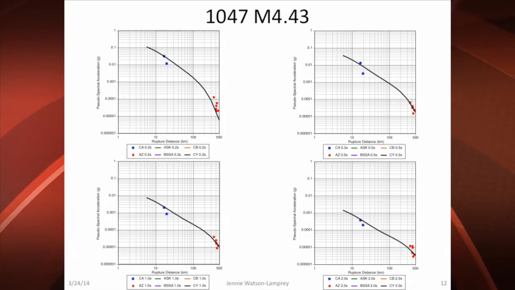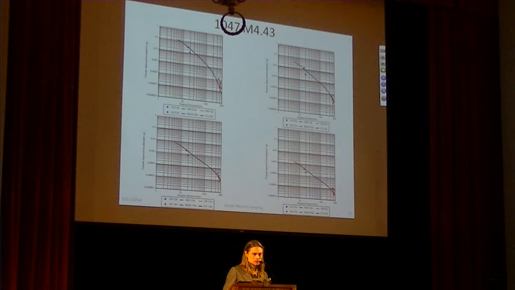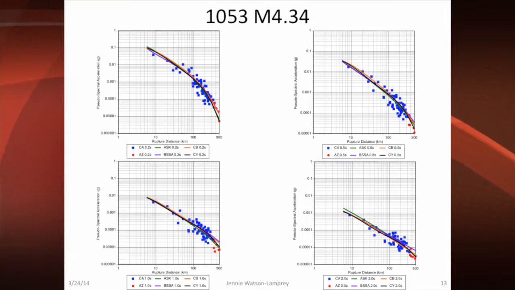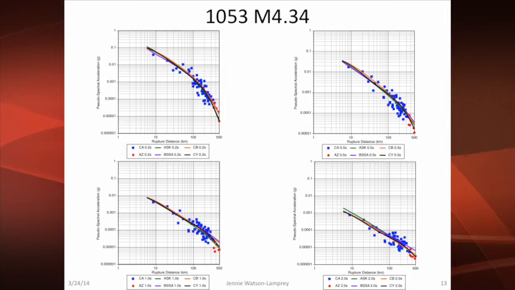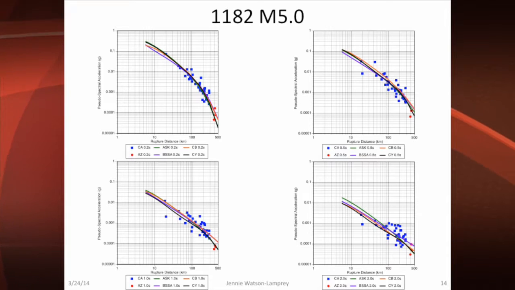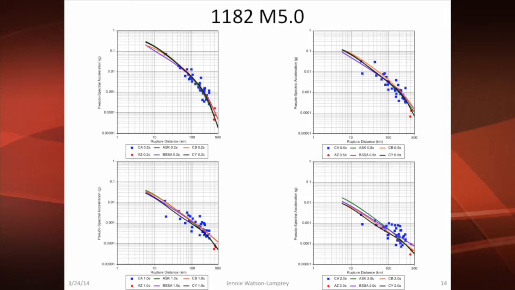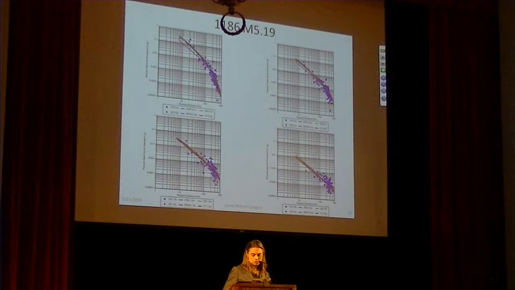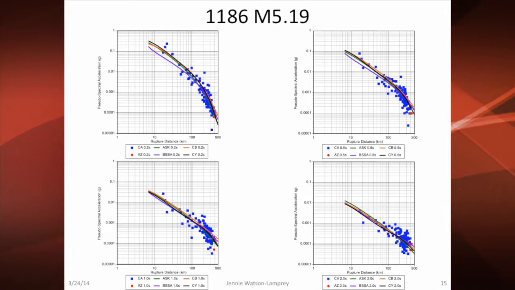Okay. This is a magnitude 4.43. I'm just going to start flipping through, so if anyone sees anything interesting, please just stop me. Magnitude 4.34. 5. And then a 5.19. Okay. So next, I believe I'm going to the transition zone.